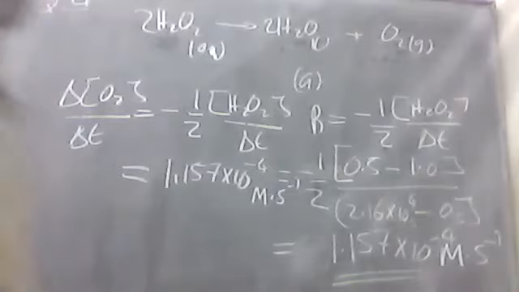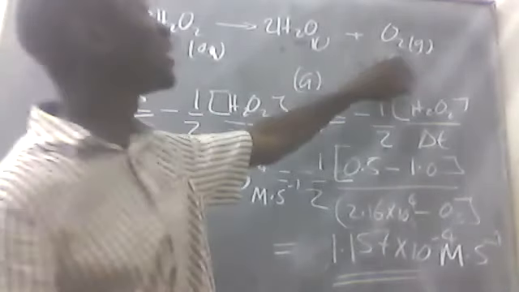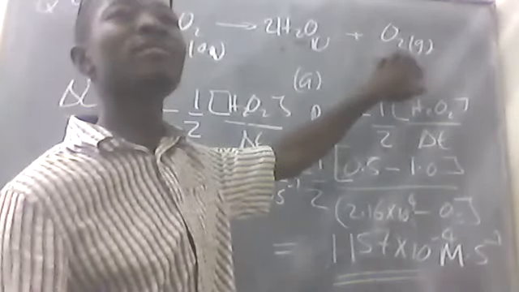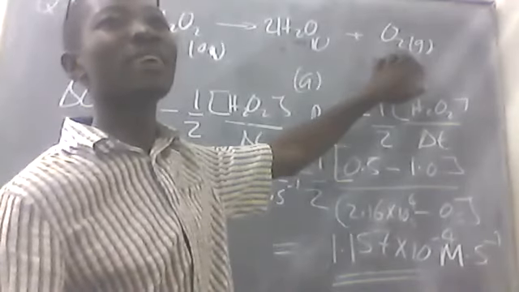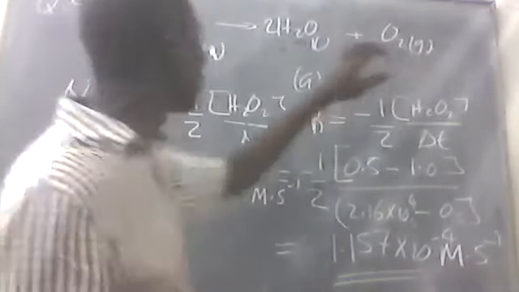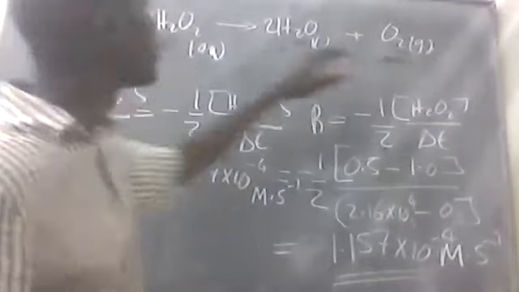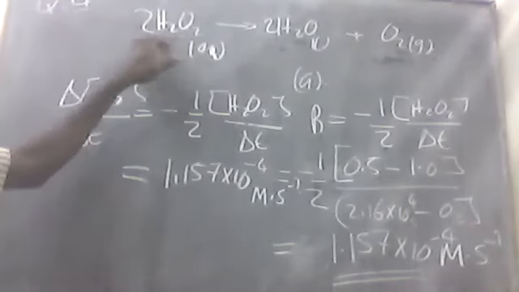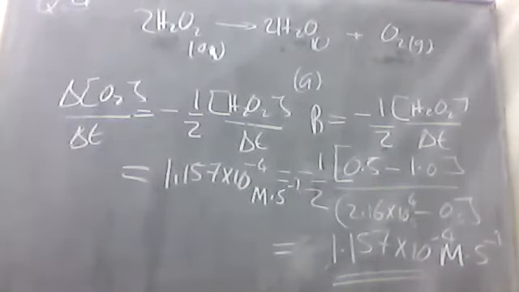Now they are asking you to find the rate at which this is being produced. So to determine this, we have used the known rate. How do we answer the question?